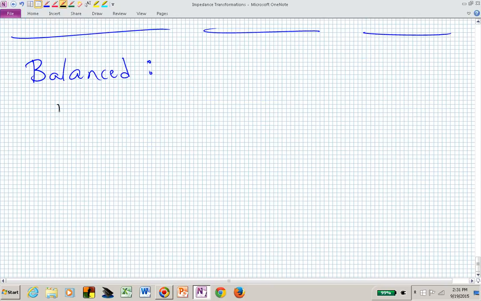In this case, we are going to let the delta impedances just be labeled as Z sub delta, and those were our ABC impedances.